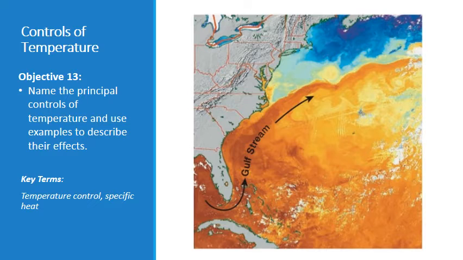A temperature control is any factor that causes temperatures to vary from place to place and from time to time. Earlier, we looked at the most important cause for temperature variation, and that's the difference in receipt of solar radiation, because variations in sun angle, length of daylight, and other physical Earth-Sun relationships depend a lot on latitude.